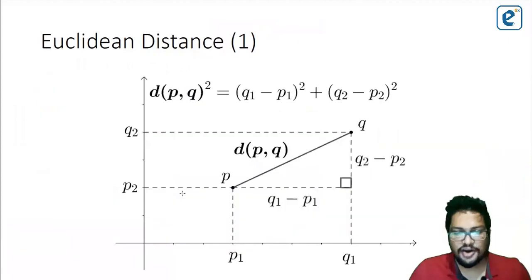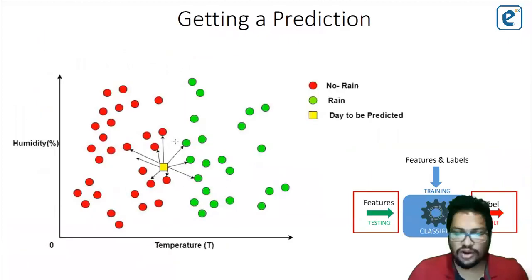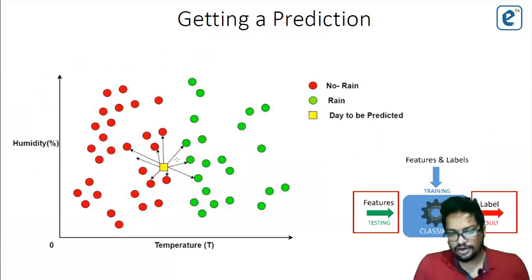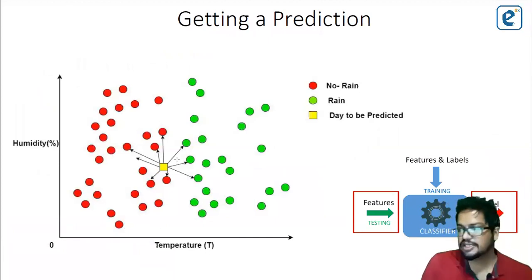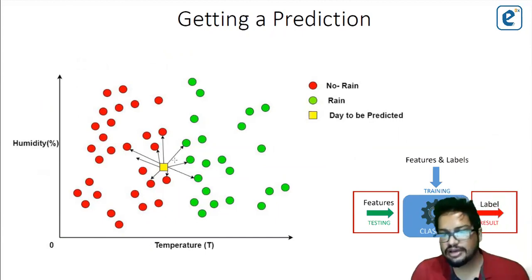Now you can see how this solves a quite simple problem, with only two features here. But we are not going to use k nearest neighbor for a self-driving car. Since we have a lot of features there, we can't use that.